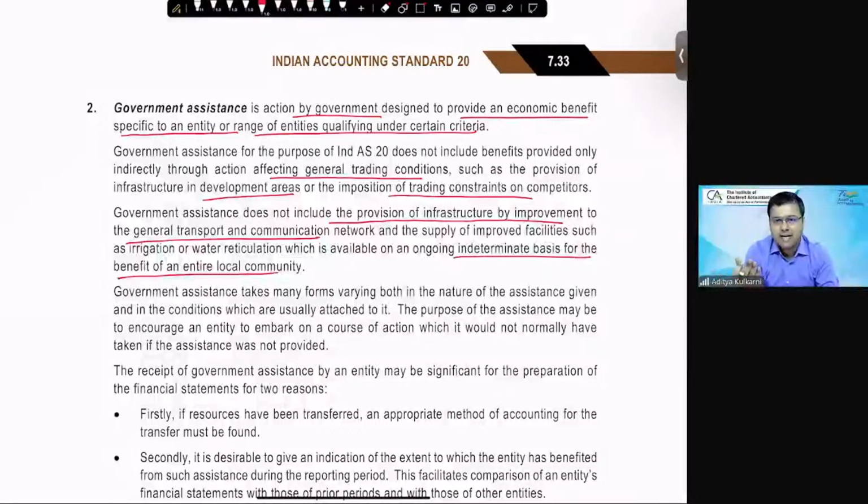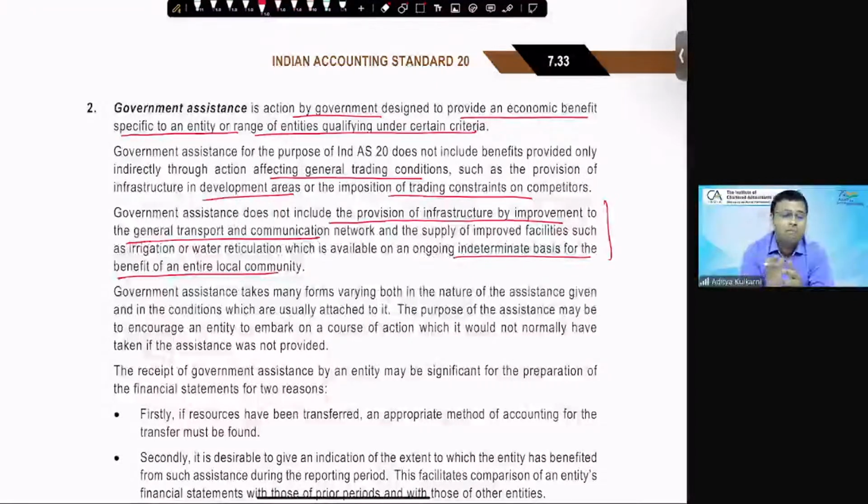So what is it trying to say? If the government comes to a backward area, there are no proper roads. So the government constructs a good road, and your entity happens to be most benefited out of it because you are located in a place where the roads are in a really bad condition. Logistics would be very difficult.